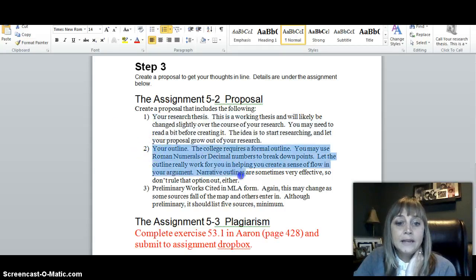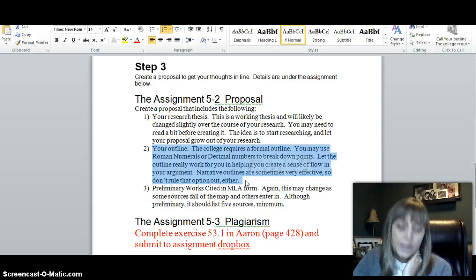Your outline does not need to look like the college does require a formal outline. You don't need to go there yet, but I encourage you, in your research plan, to consider creating an outline right now, or at least starting one, and that is a requirement by the college.